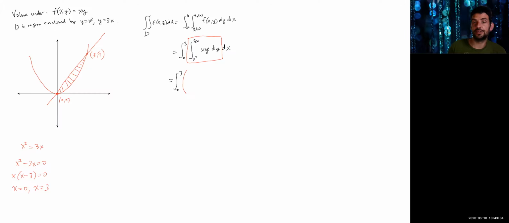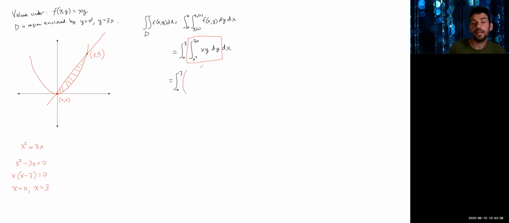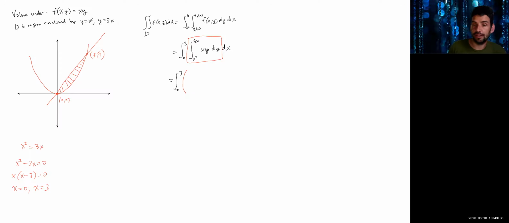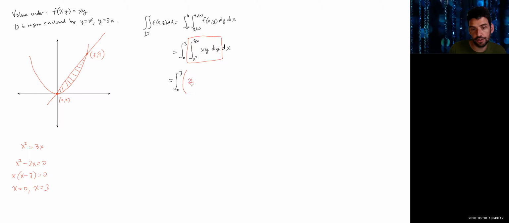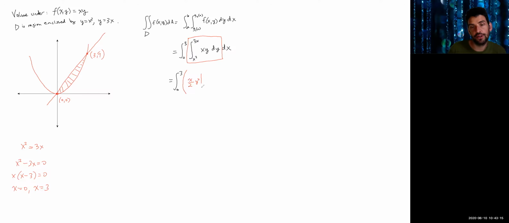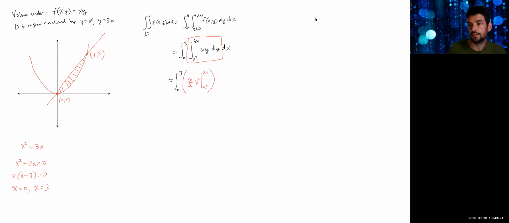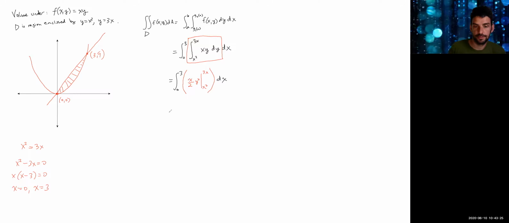So I have to take an antiderivative of y, and that's going to be 1/2 y squared. x is a constant, so we're going to get x over 2 y squared evaluated from x squared to 3x. And then we still have dx.